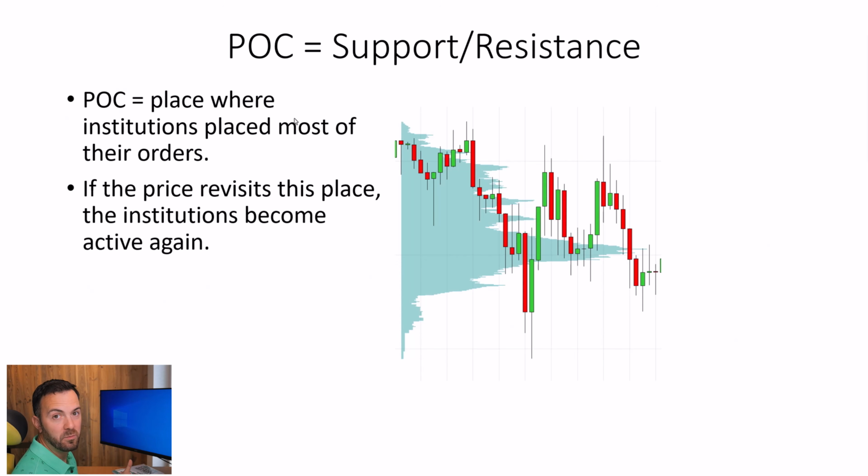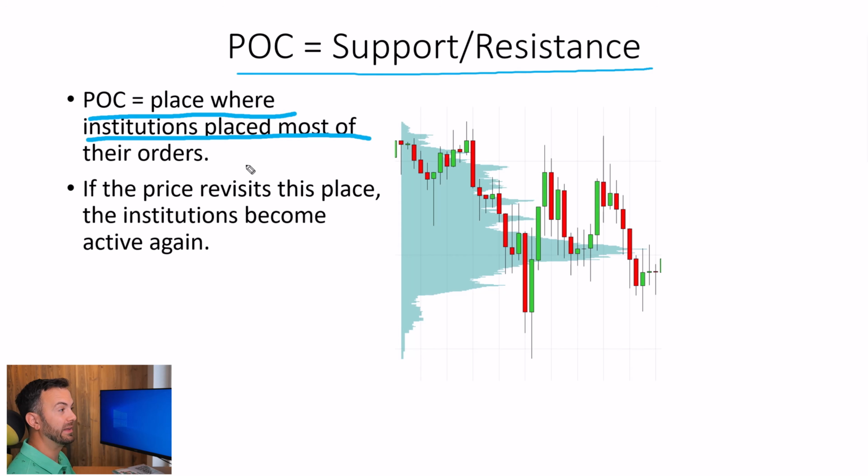Now the reason why I'm shooting this video and why point of control is so important is that it is a strong support and strong resistance level, right? As I was saying, point of control is a place where institutions placed most of their trading orders.